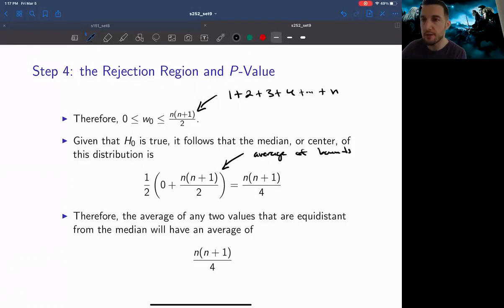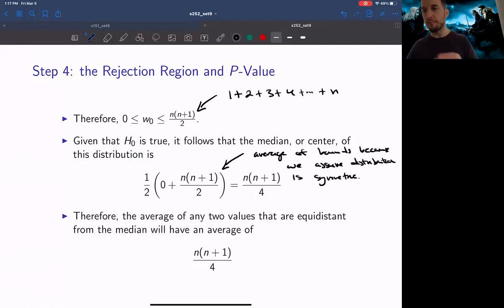So this is the average of the bounds because we assume the distribution is symmetric. We're not assuming normality for the population values, but we are assuming that it is symmetric. Symmetric can happen in a lot of different ways. You don't have to be just normal.